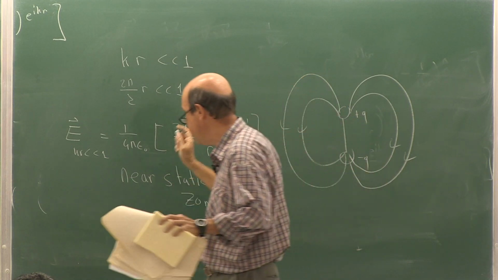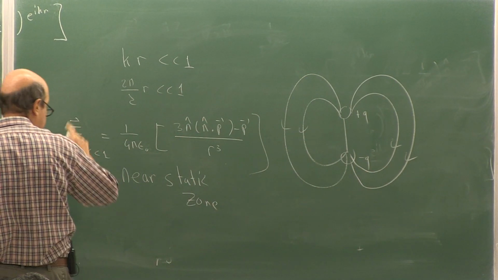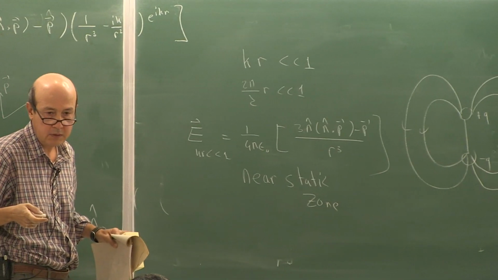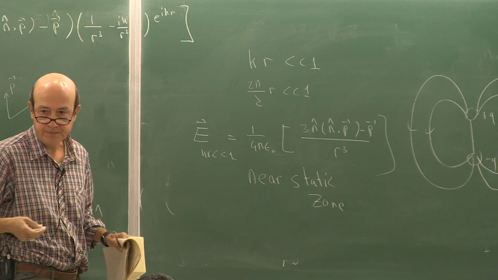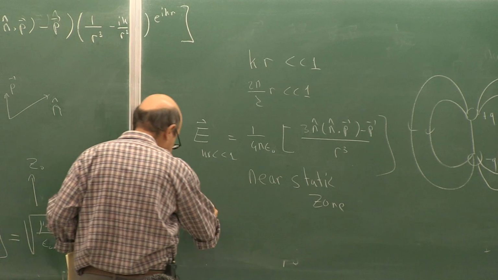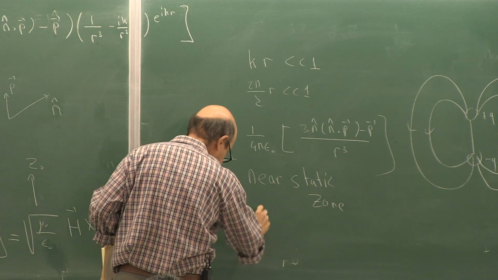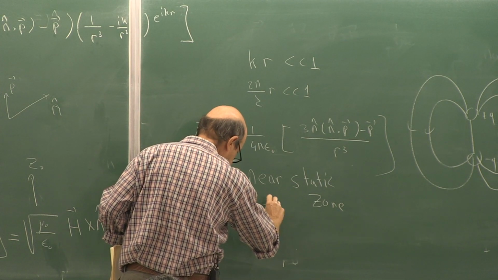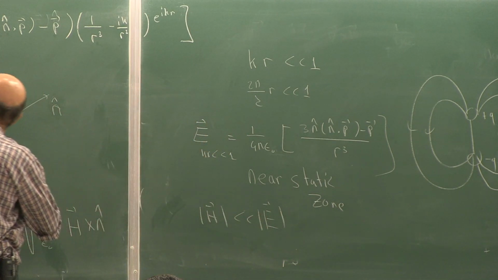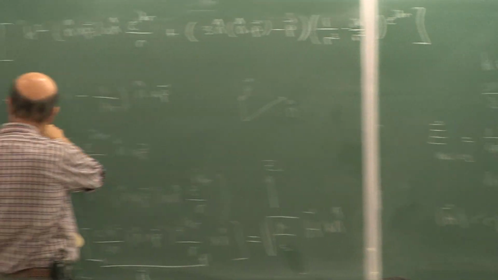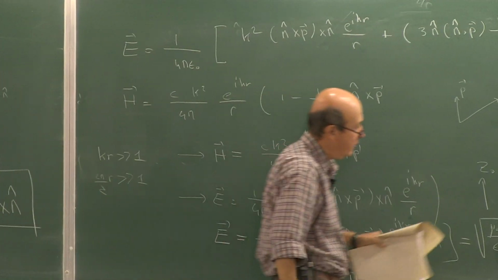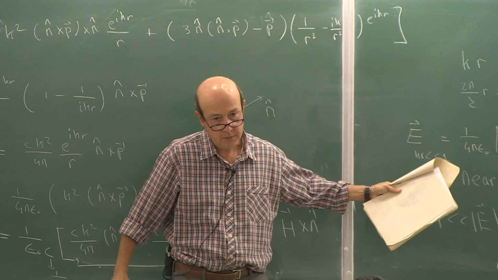So H goes as 1 over r, it's not important. 1 over r square is not important. So in magnitude, H is much less than E, because H goes in the near zone as 1 over r square, but E goes as 1 over r cube.